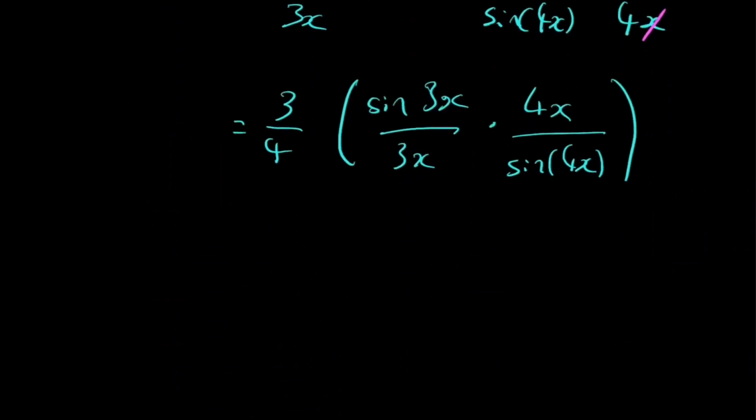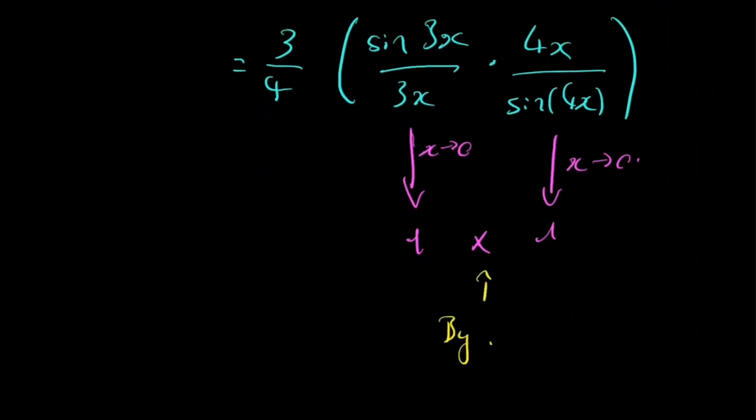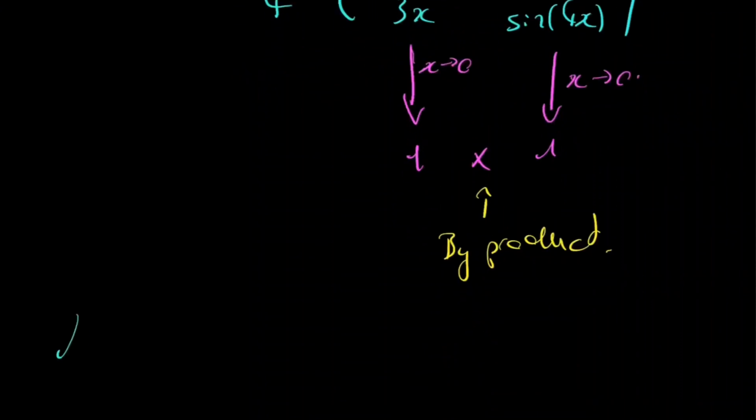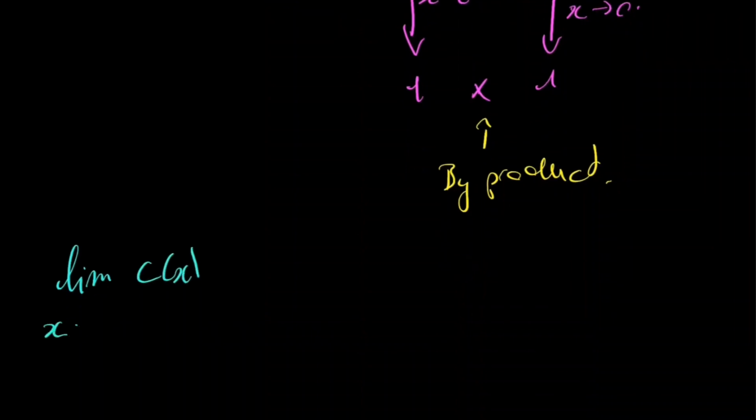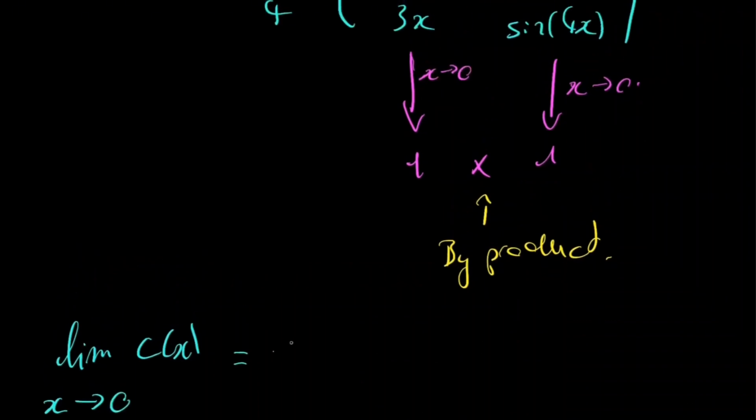And now we know that this thing tends to 1 when x tends to 0. This thing tends to 1 when x tends to 0. So by product, okay, here you have to justify by saying by product, we will have the limit of C of x when x tends to 0 is equal to 3 over 4 times 1 times 1.